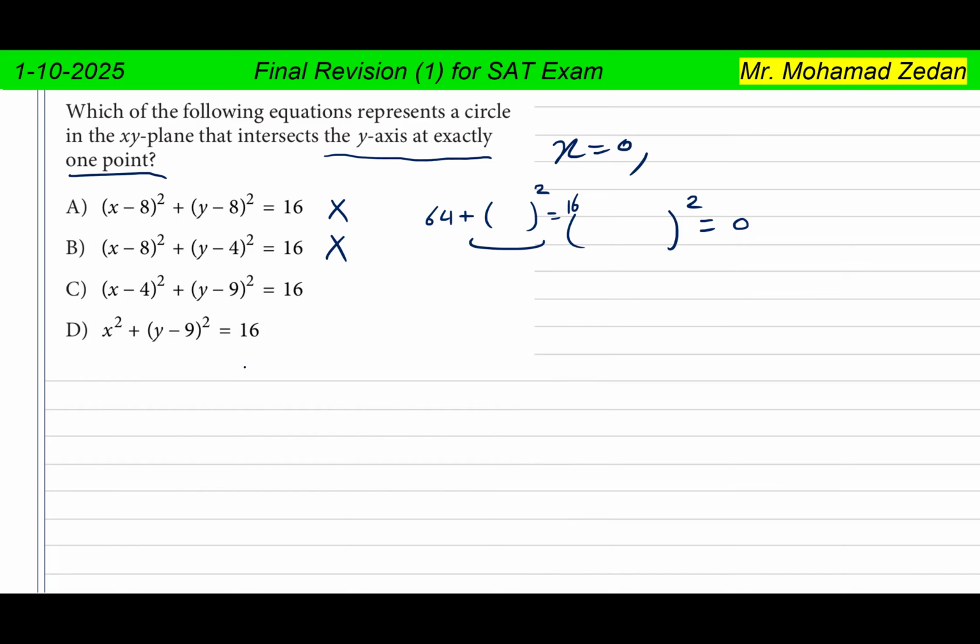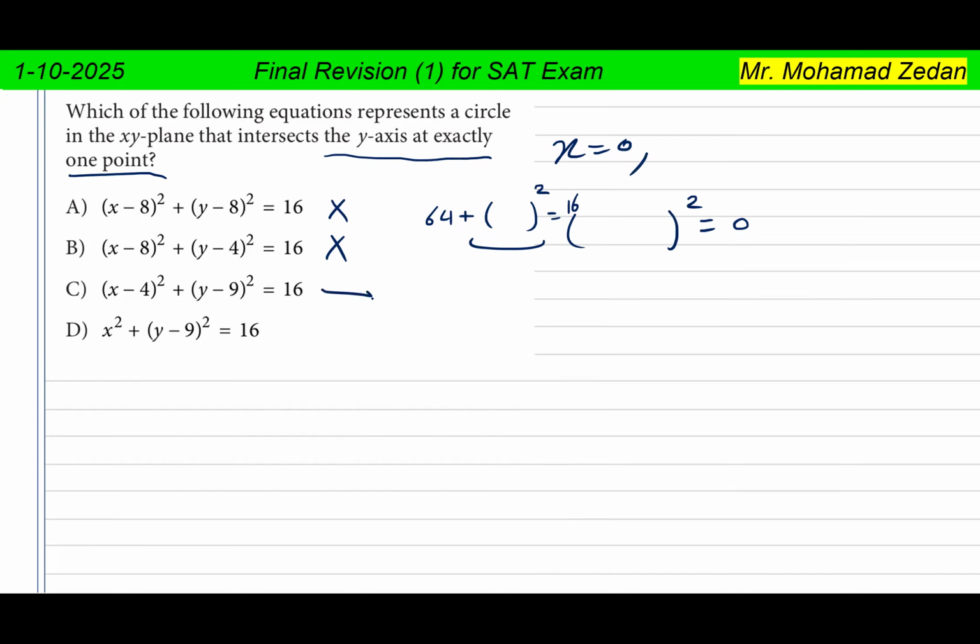Which one gives you a unique value of y, please? I think C. Yeah, bravo.